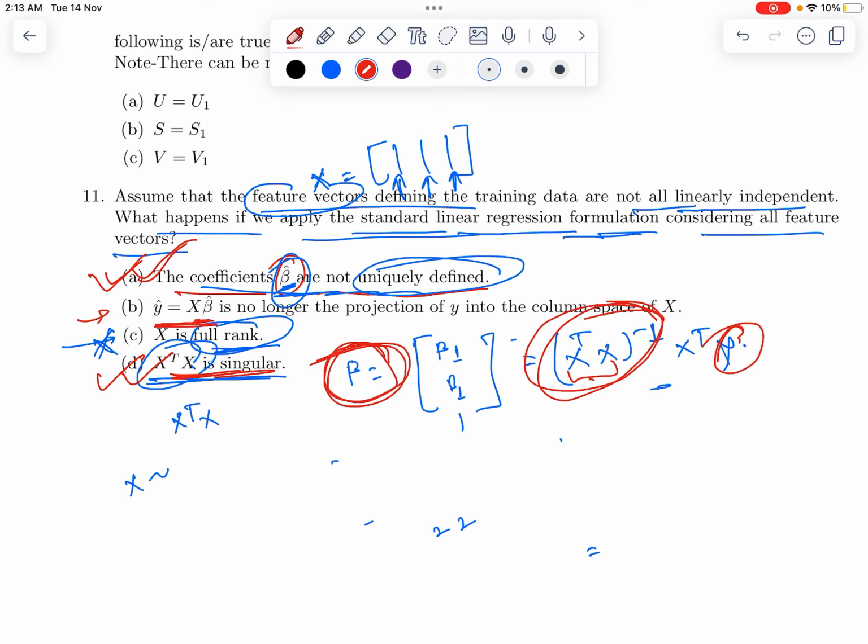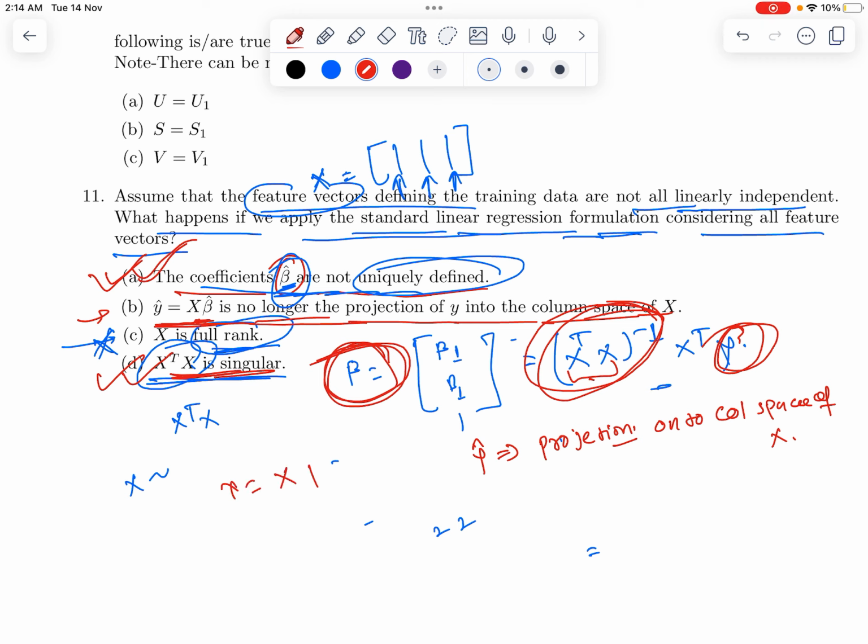This is the actual y, and y hat is nothing but the projection onto the column space of X. So option B says y hat is no longer the projection of y into the column space of X. So y hat is equal to X beta cap.